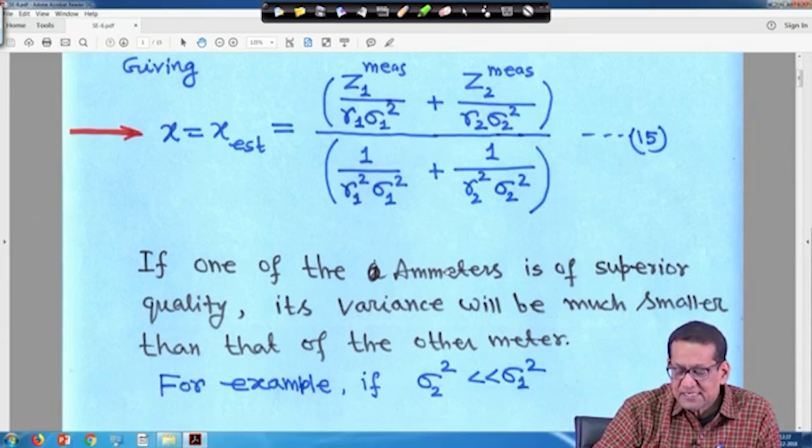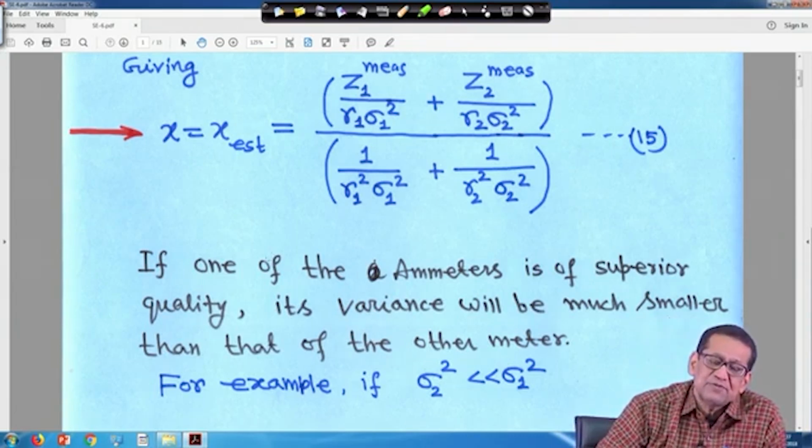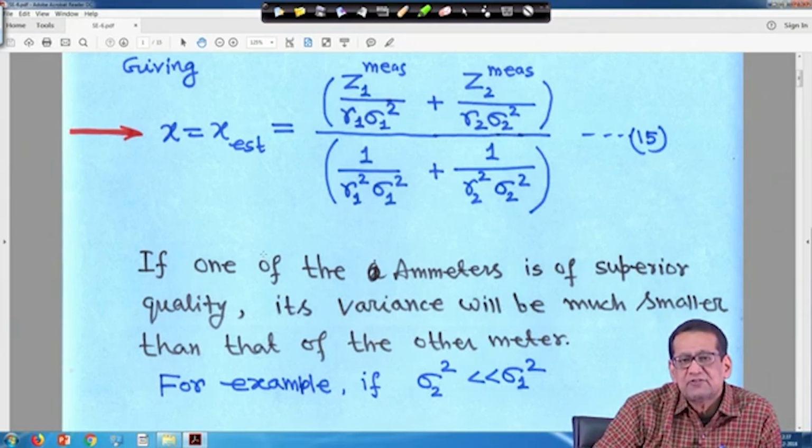If one of the ammeters is of superior quality, its variance will be much smaller than that of the other meter. For example, one superior instrument means its standard deviation will be very low, that means the variance also will be low.